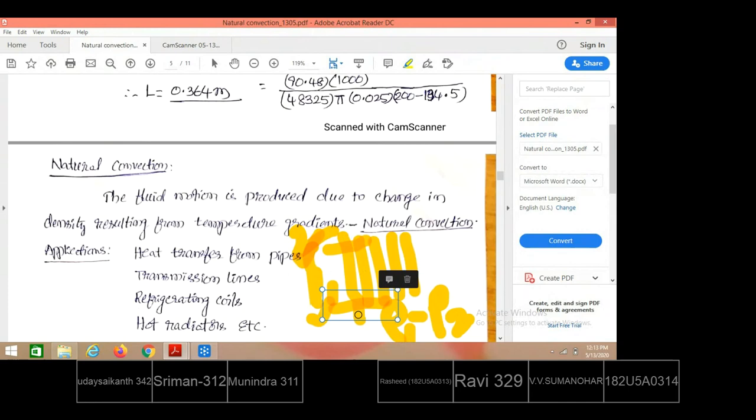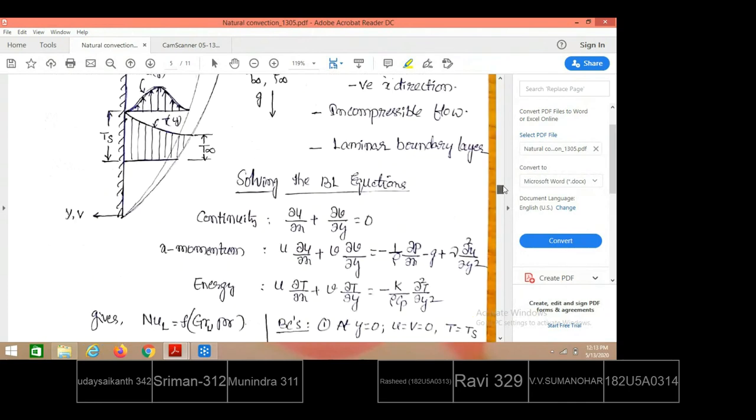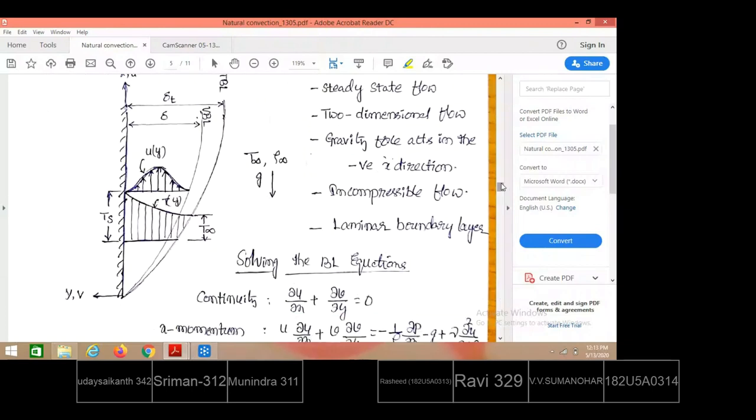If you look at this hot surface, it is at temperature Ts and is immersed into a static atmospheric air of temperature T infinity. A hot vertical plate is placed like this into the constant temperature atmospheric air.